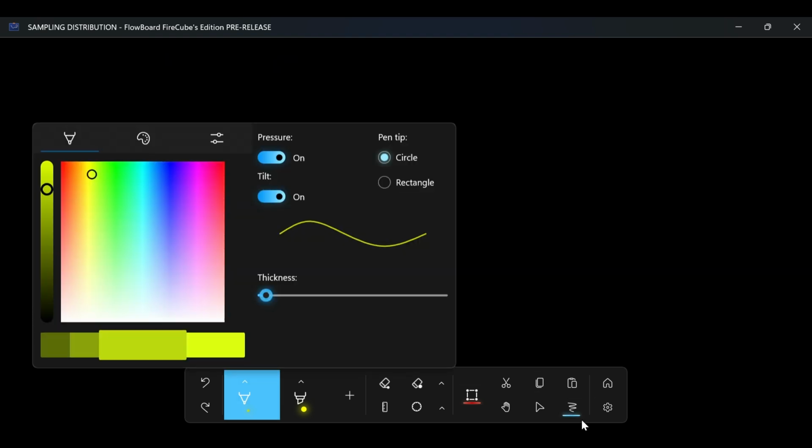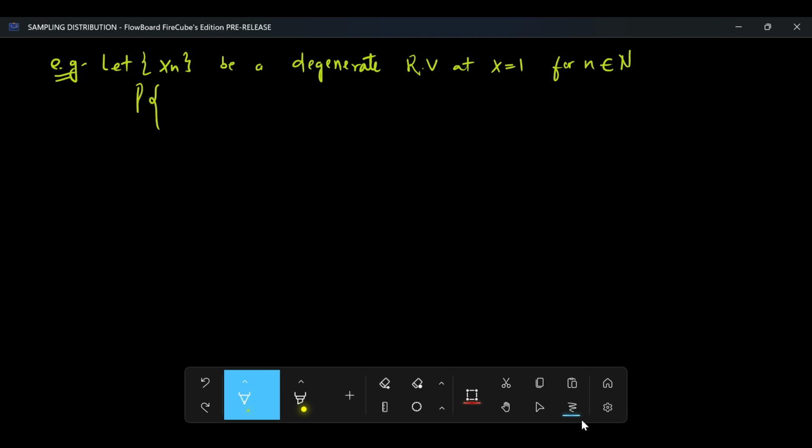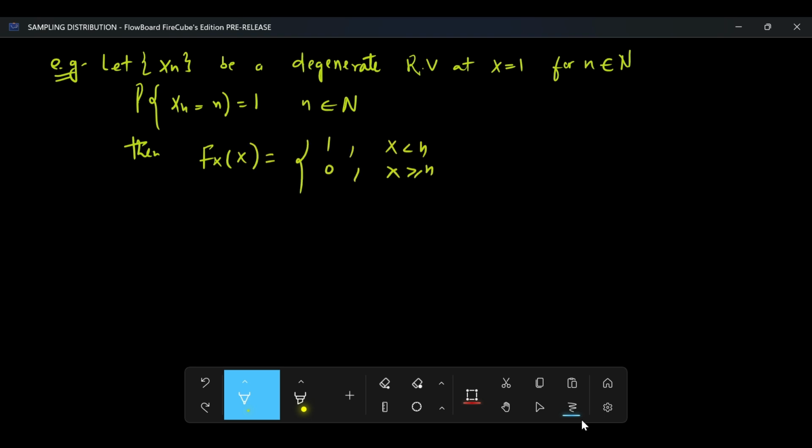See, let Xn be a degenerate random variable at x equal to 1 for n belonging to capital N, and probability of Xn equal to n is equal to 1, n belonging to N. Then F of x is equal to 1 for x greater than or equal to n, and 0 for x less than n. So see, this is F of Xn.